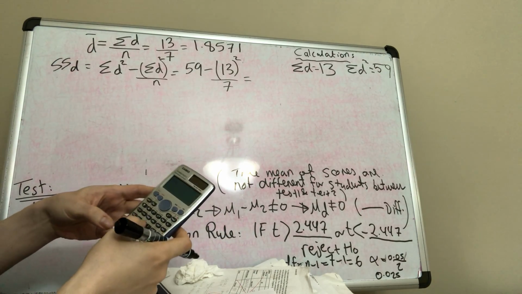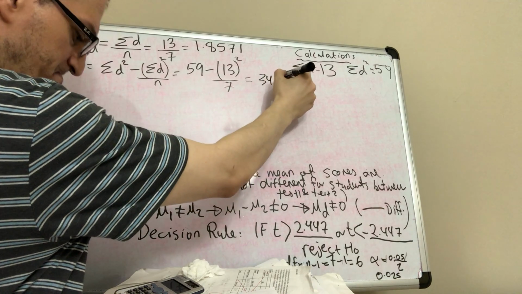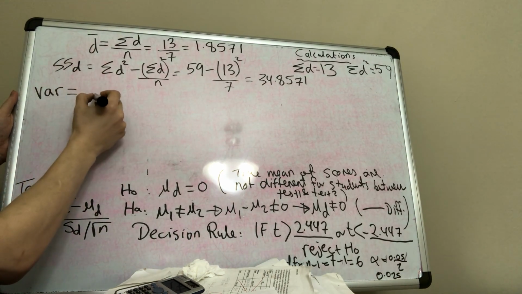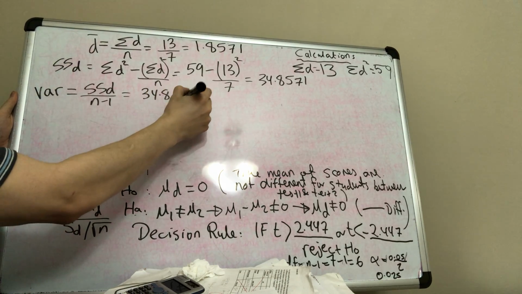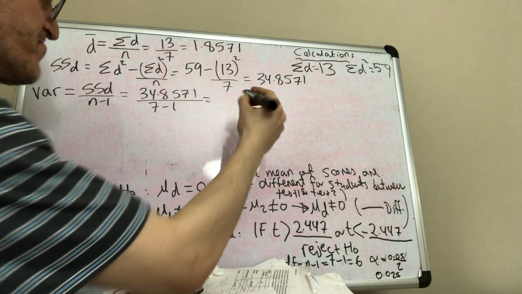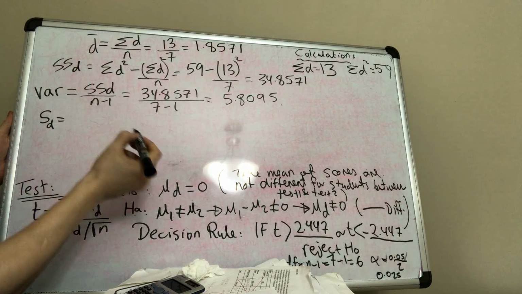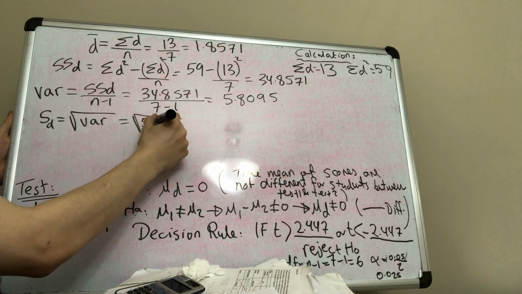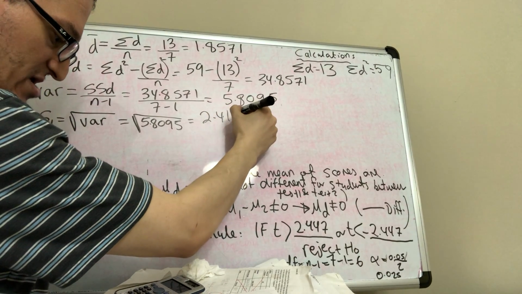Take the calculator, 59 minus 13 squared over 7, and that gives you 34.8571. From that, we find the variance, which is SSD over n minus 1. So this number over 7 minus 1. So you divide it by 6, basically. And that gives you 5.8095. And finally, your SD is the square root of variance. You square root this number, it is 2.4103.